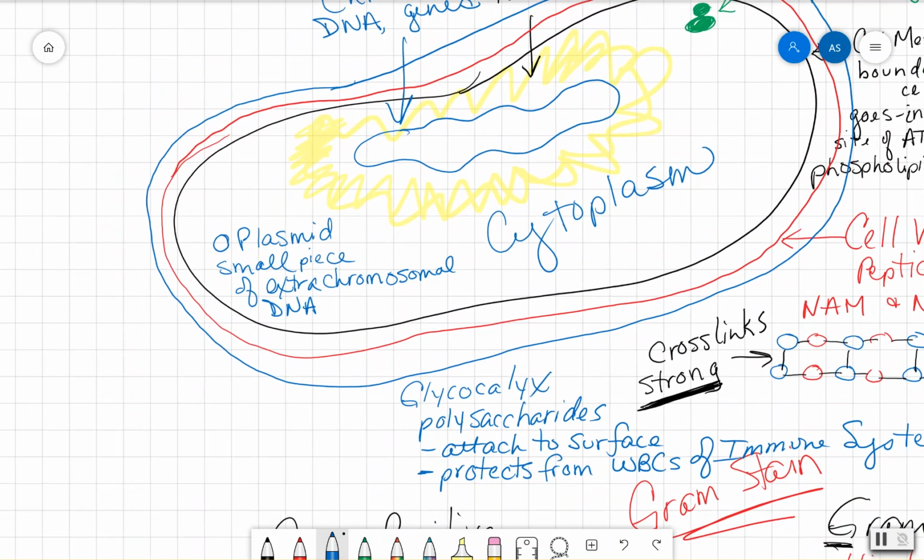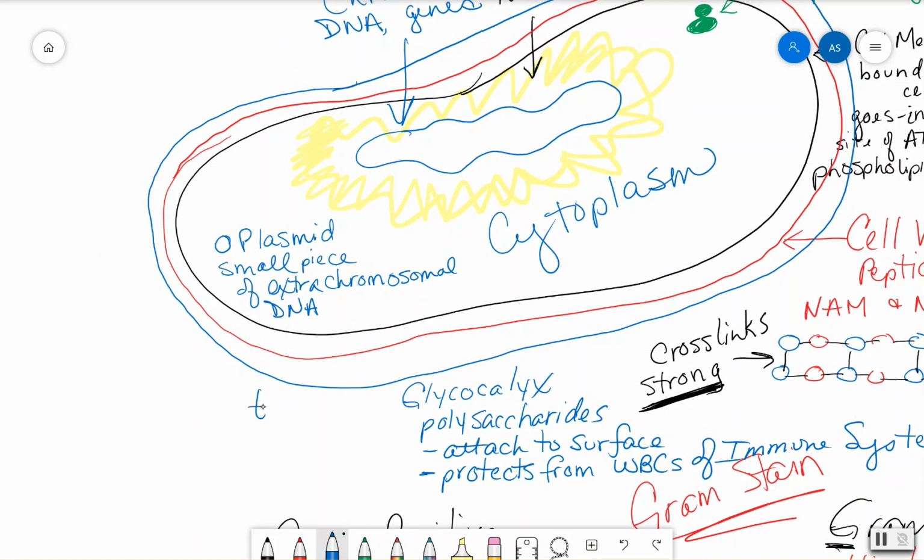Now, with our glycocalyx, if it's thin, we call it a slime layer. And if it's thick, we call it a capsule.